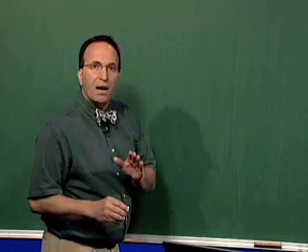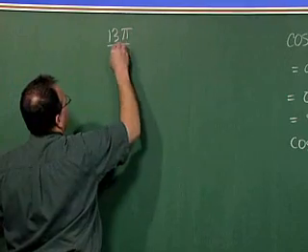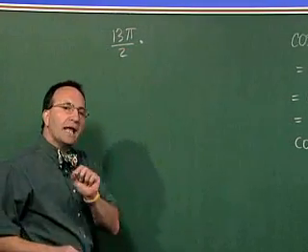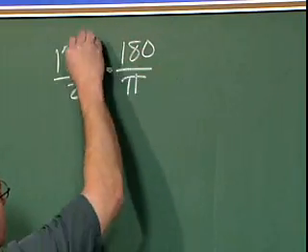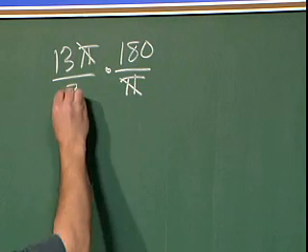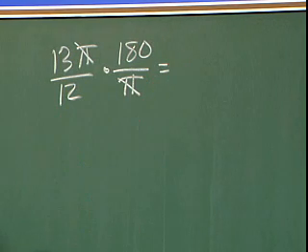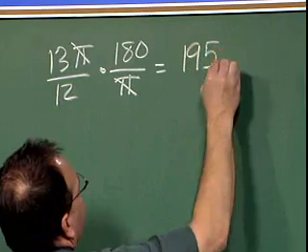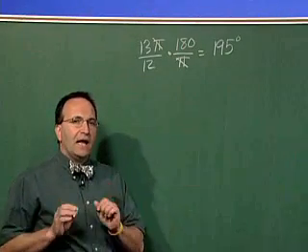So 13 pi over 12, and we're going to multiply that times 180 over pi. My pi's reduced down. I'm sorry, that's over 12, my fault. And when I multiply all of that out and, of course, divide, we get 195 degrees.